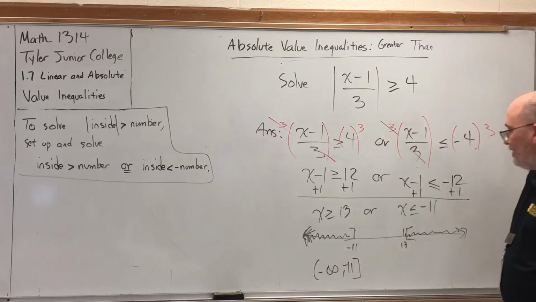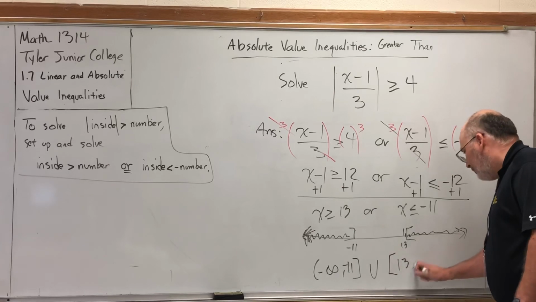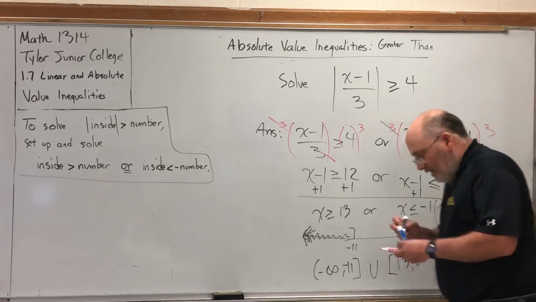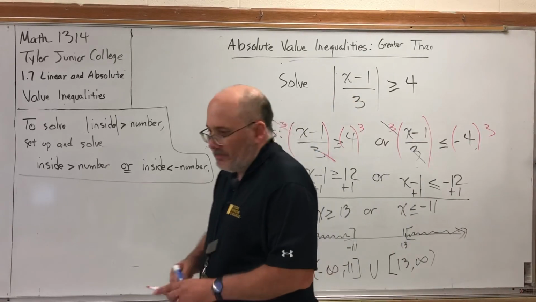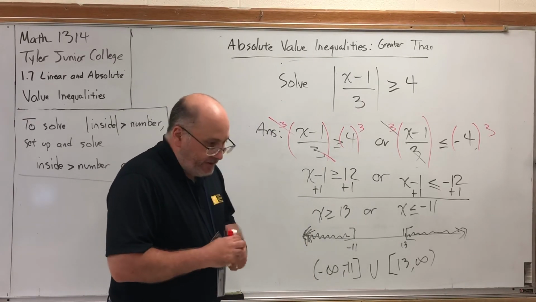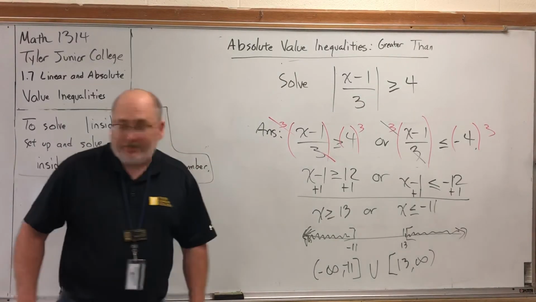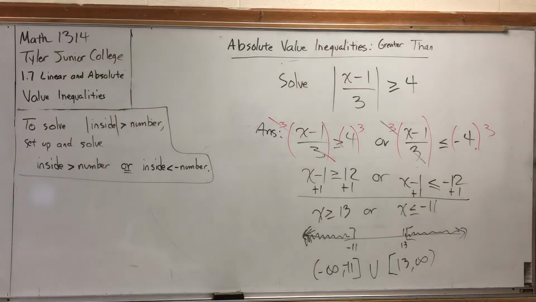So negative infinity comma negative 11 with a bracket, union, bracket 13 comma infinity. I do want to remind you that there are technically some union problems where the intervals actually join together and make a single interval, but in this case they don't. I didn't add too much time to the video.